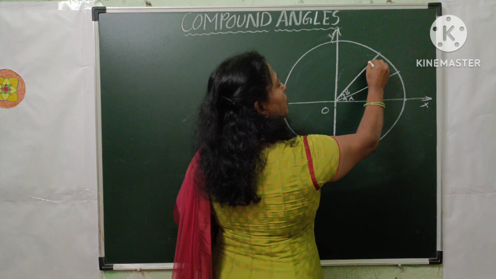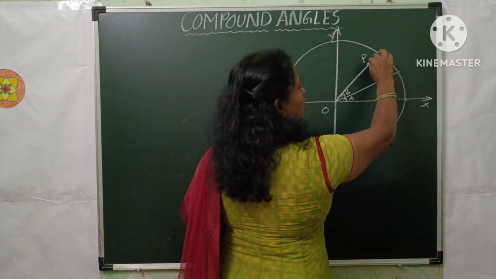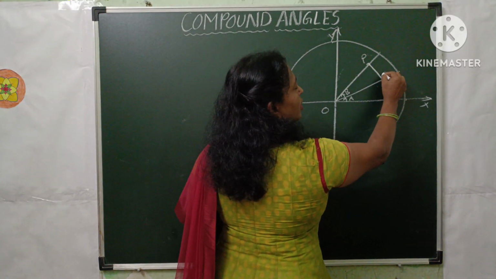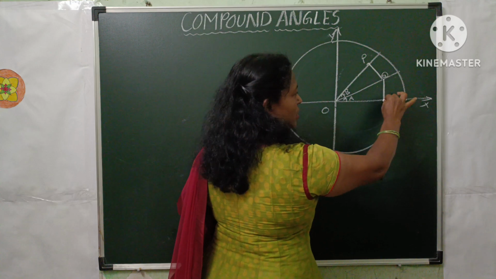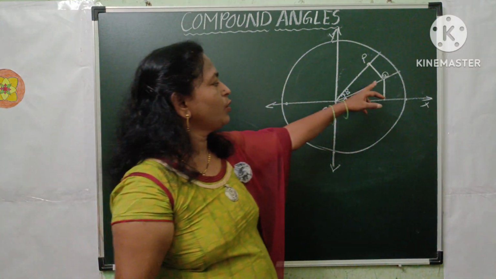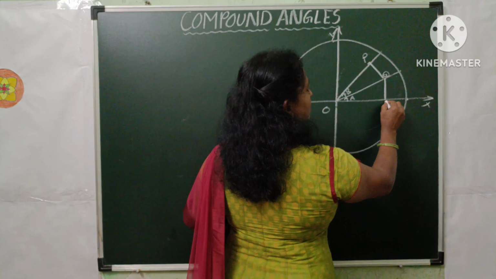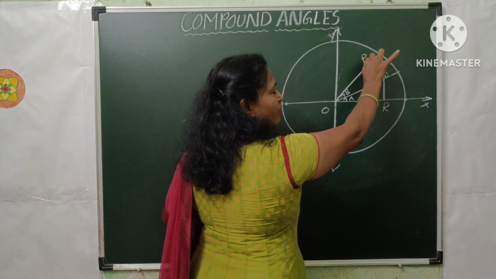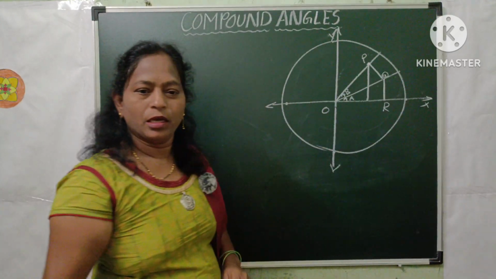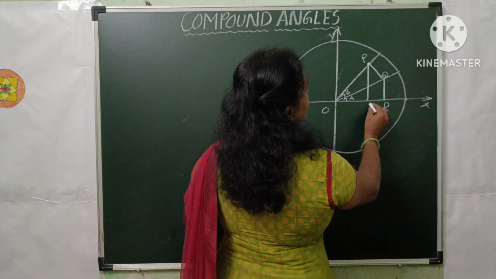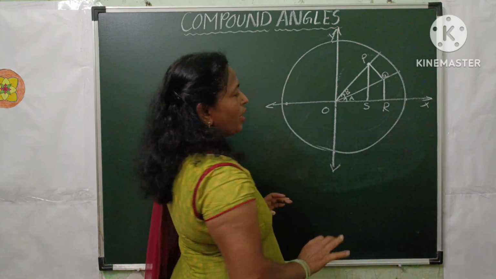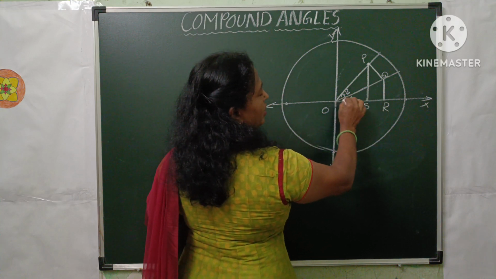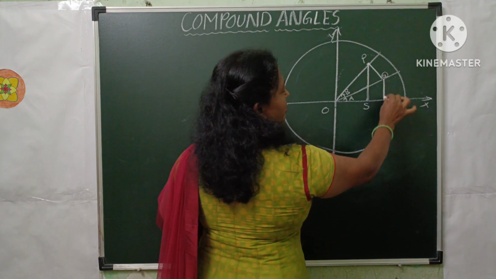Take a point P on the second line and draw a perpendicular to the first line, and call it Q. Again draw a perpendicular from Q to the x-axis, which is R. Also draw one more perpendicular from P to the x-axis, which is S. Here it forms right angle triangles, a small triangle and another triangle.